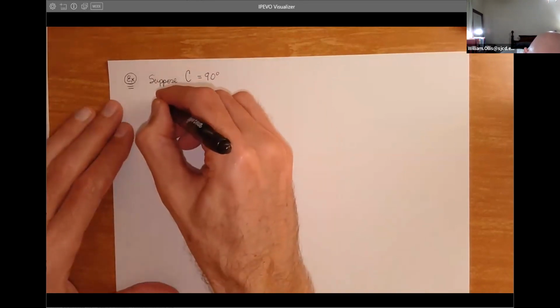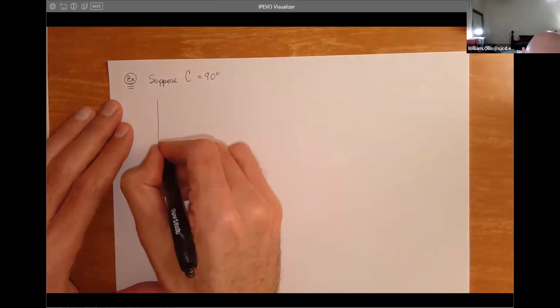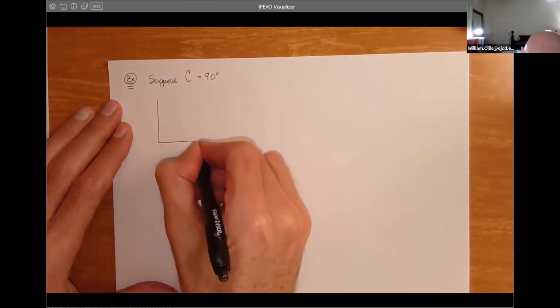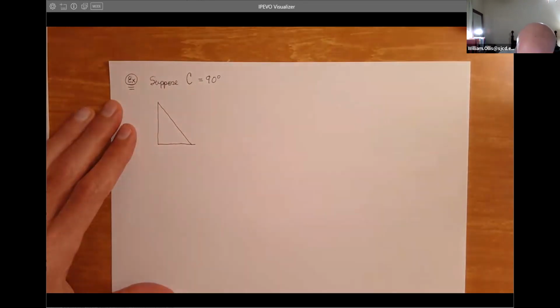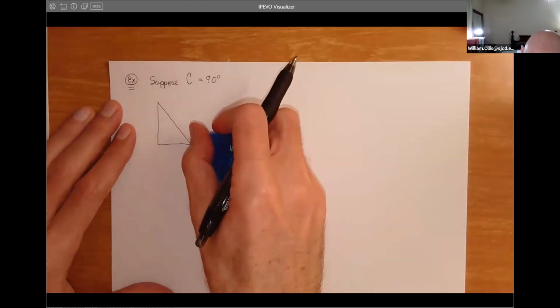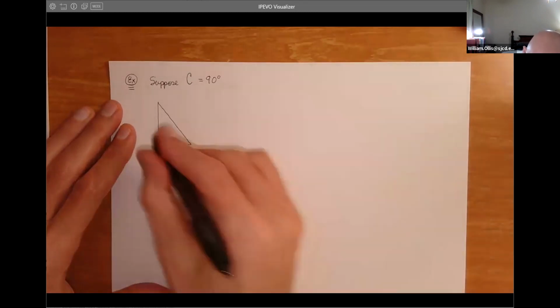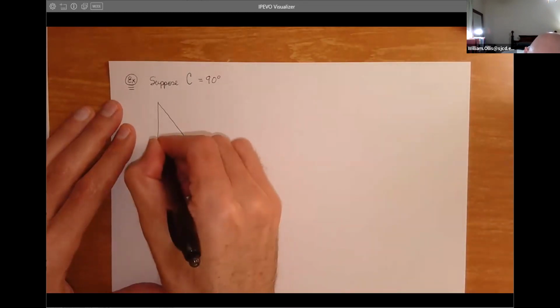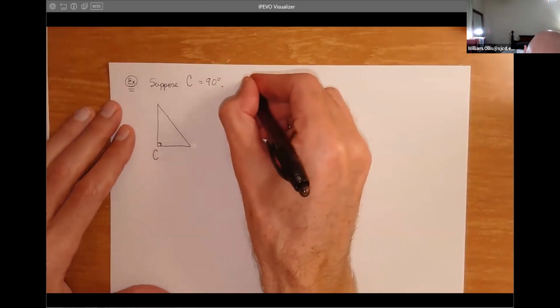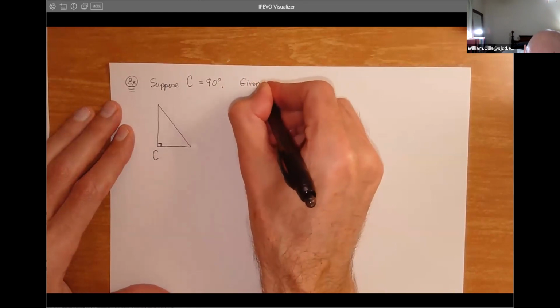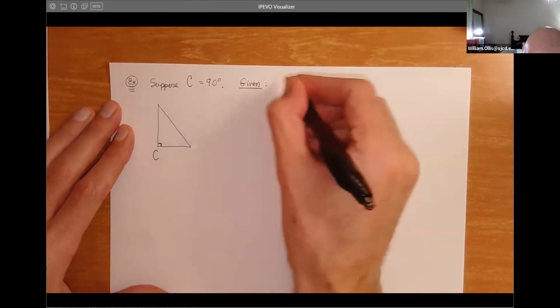So I'm just going to draw the generic triangle here. Not necessarily to scale. So we've got C here, this is 90 degrees. And this is a given, and also given in this particular case.